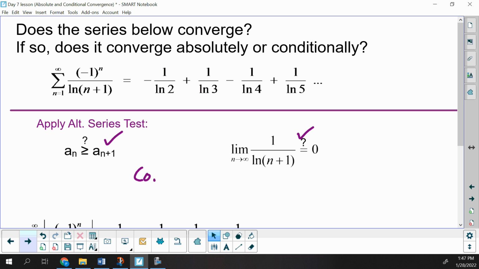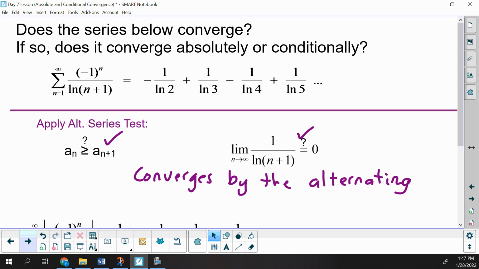So we can say that this converges by the alternating series test. Well, let's look at the absolute value.